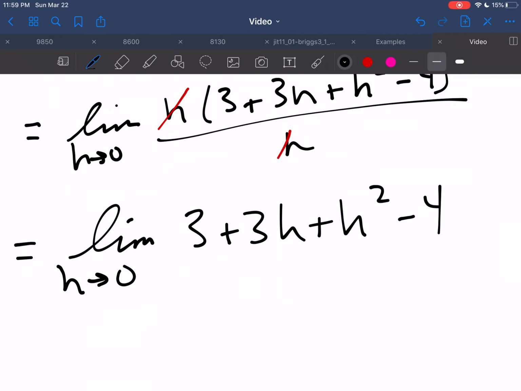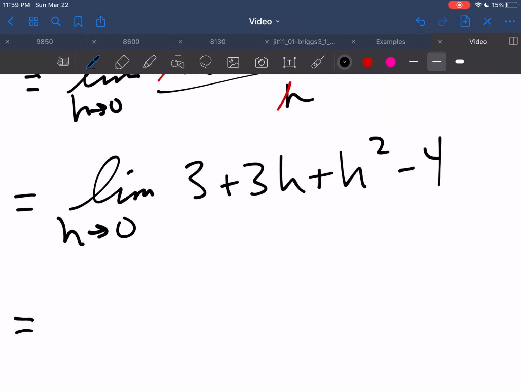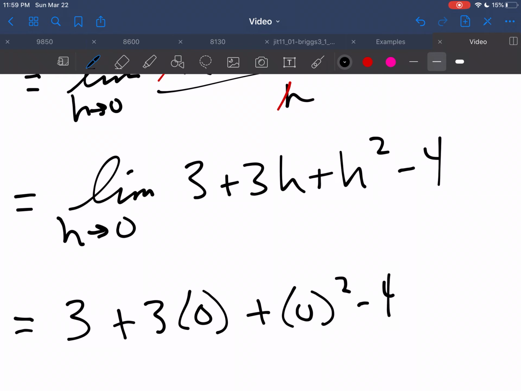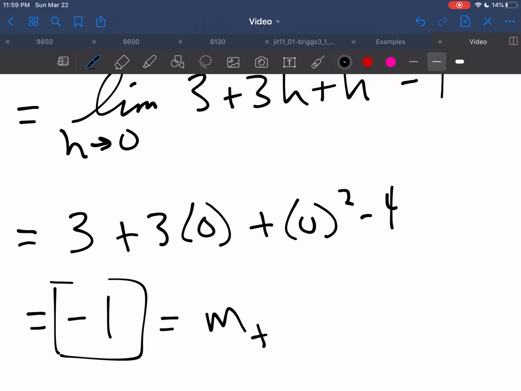Now I've gotten rid of that pesky h in the denominator, and I can plug my 0 in. So I end up with 3 plus 3 times 0 plus 0 squared minus 4, which in turn gives me negative 1. Okay, and this is my m tan.